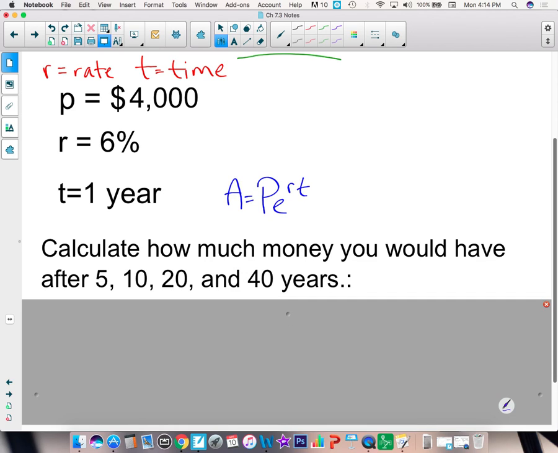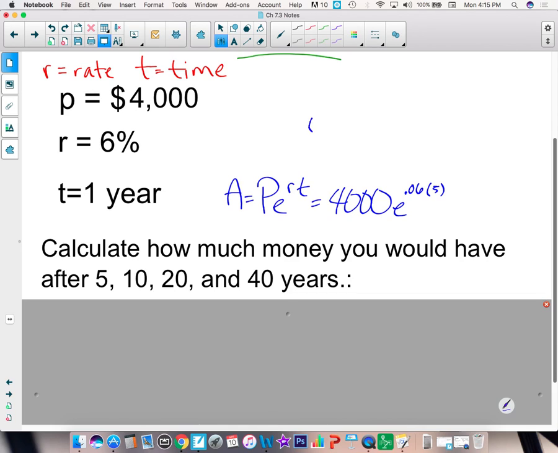The principal amount that we're starting with is $4,000. Okay, and we have the exponential, Euler's number there. Our rate is 6%, so remember you have to write that as a decimal, so it's 0.06. And over time, we're doing it for 5 years for the first one. Okay, so you put that in your calculator. 4,000 e to the 0.06 times 5.